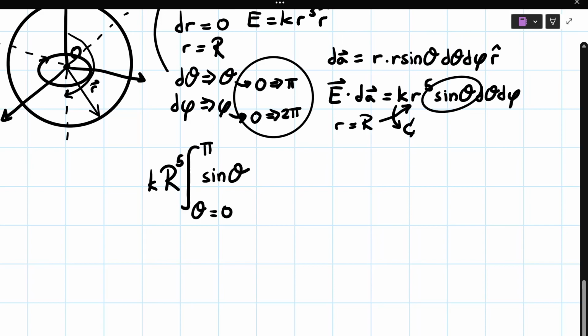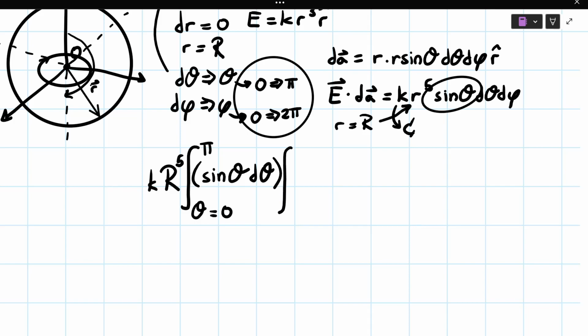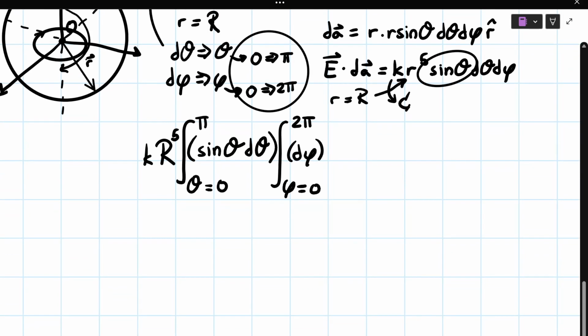And this is our integration portion with respect to theta. Then we have phi as it goes from 0 to 2 pi, and we recognize nothing in here is relevant to phi except d phi. So effectively this is 1 times d phi in the integration.